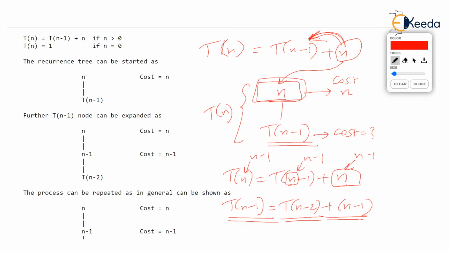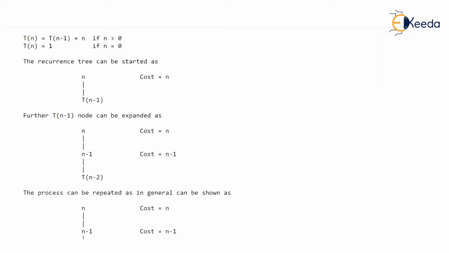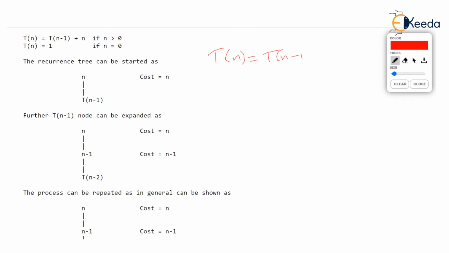So what will be the entire tree then? Coming back to our recurrence tree, we had the equation as Tn is equal to Tn minus 1 plus n. We started off with n added with Tn minus 1. We said the cost of this level is n, but now the tree gets expanded as n followed by n minus 1 followed by Tn minus 2.